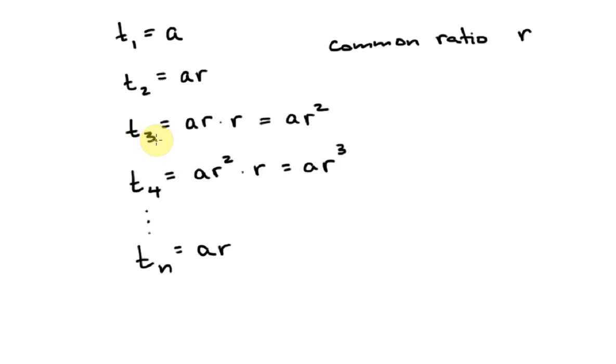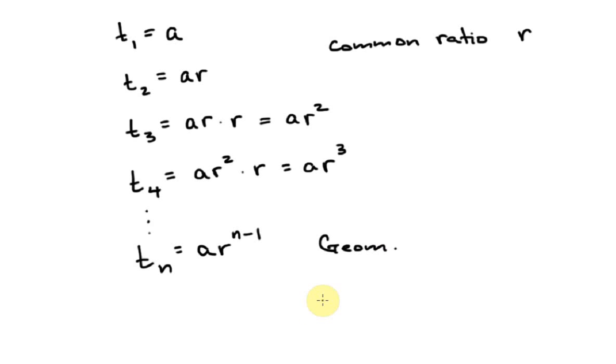When n was 3, the exponent was 2, and so on. So if the term number is n, then I want the exponent to be n minus 1. And that, ladies and gentlemen, is the formula for any given term if it is a geometric sequence.